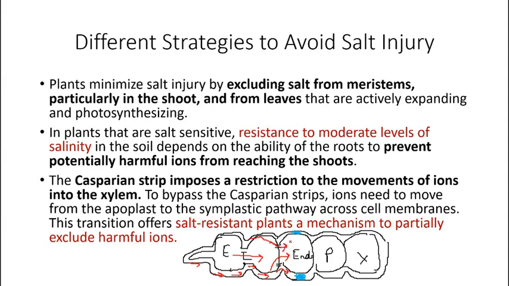Once they cross the endodermis, they can again move to the apoplastic pathway or the symplastic pathway. There are plasmodesmatal connections in between everything. So what happens once they enter inside the cell? Once the ions are inside the cell, the cell shows a mechanism where it concentrates the ions inside the vacuoles.